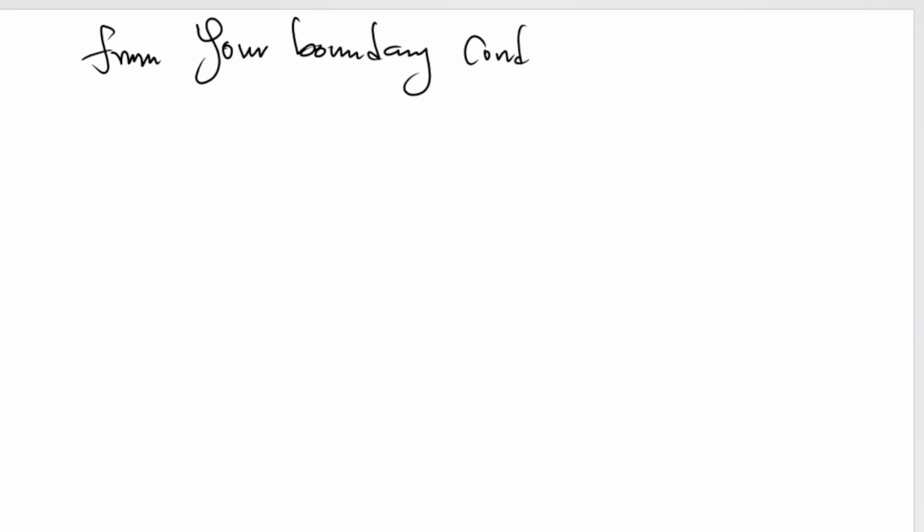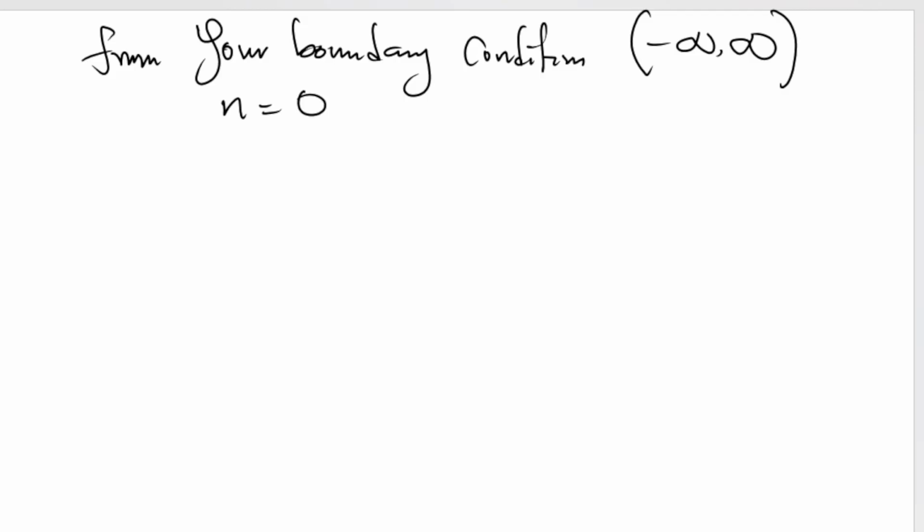So from your question, from your boundary condition, you were simply given that minus infinity to infinity, right? So since you have that n will be less than 0, your new boundary condition will now be 0 to infinity.